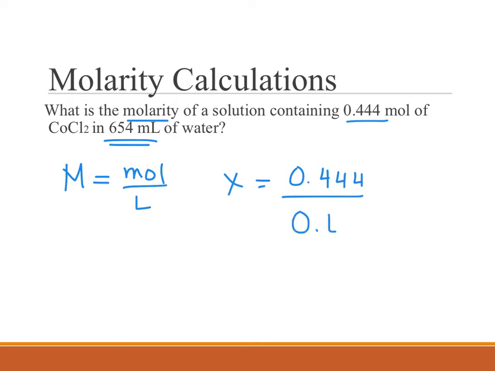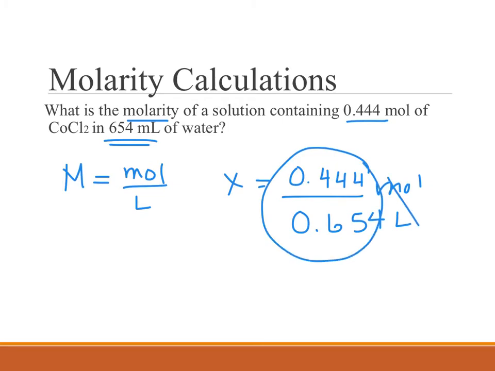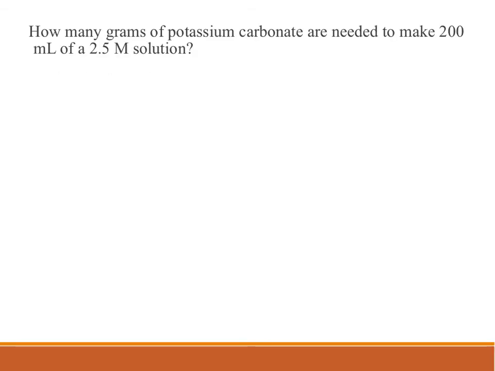So it's 0.654 liters. So we have our setup. All we have to do is do the math on these numbers. The moles over liters will cancel out because that's how we define molarity. And we find out that the molarity of the solution is 0.679 molar. Simple plug and play, pretty straightforward.